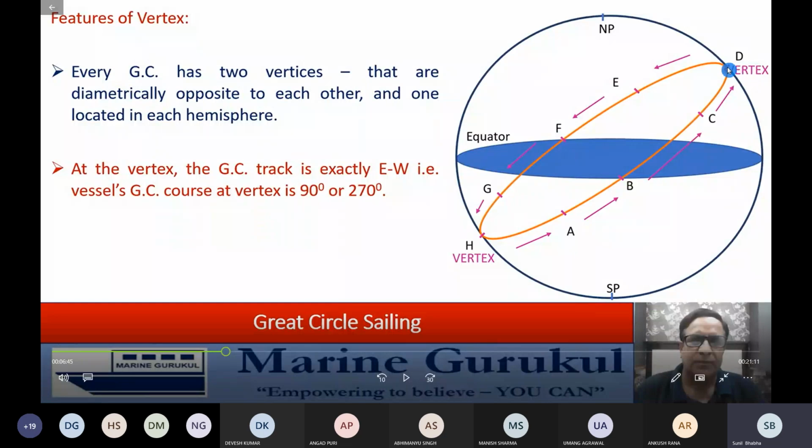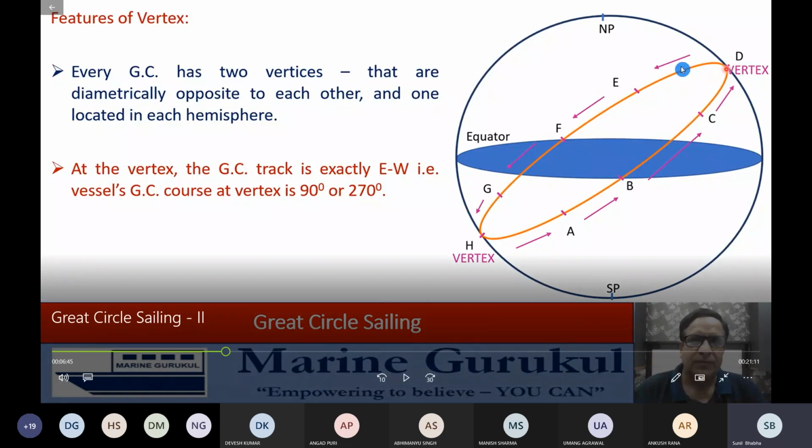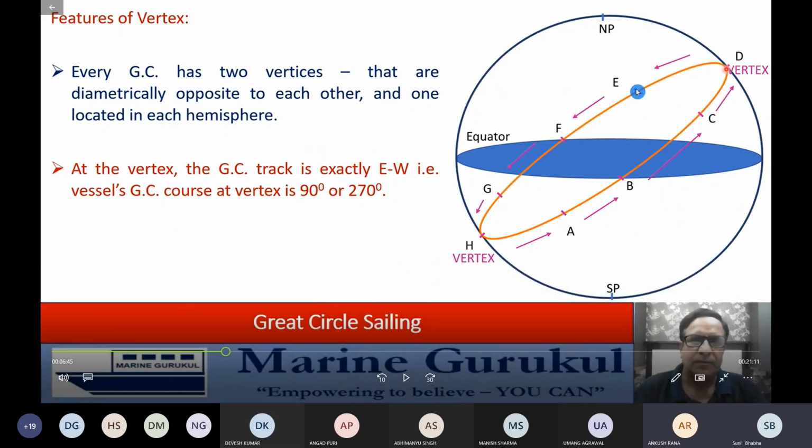And when you cross the vertex and the ship is between D and E, now, can you tell me what will be the quadrant in which the ship is going? Southwest or southeast? Southeast, sir. That is southeast. Right, it will be southeast.